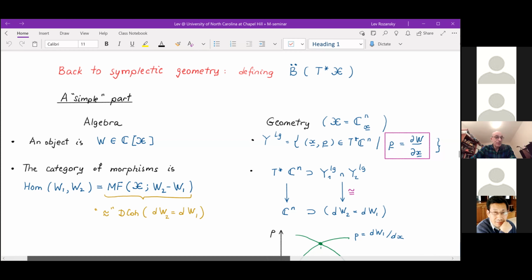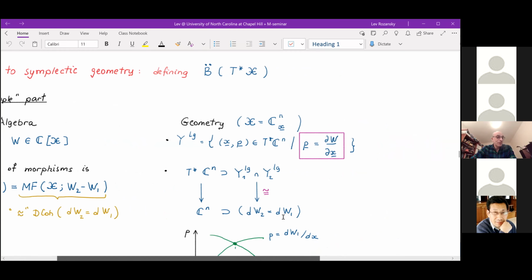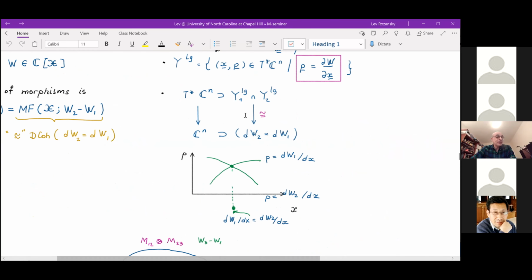And on the symplectic side, on the geometry side, what you see is that the intersection of Lagrangian subvarieties in the tangent space projects down to the base. Just a moment, something moved here, I'm afraid. Yeah, I'm sorry, the frame moved up. I don't know why it moved. So I'll not try to, the x-axis was supposed to go here.